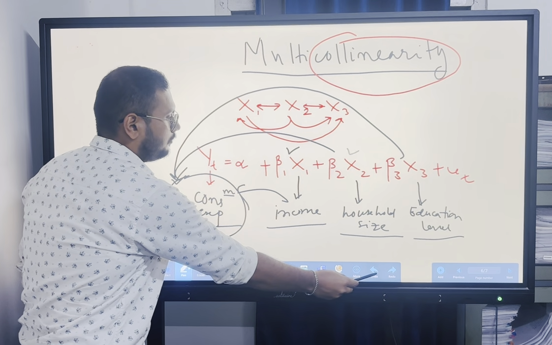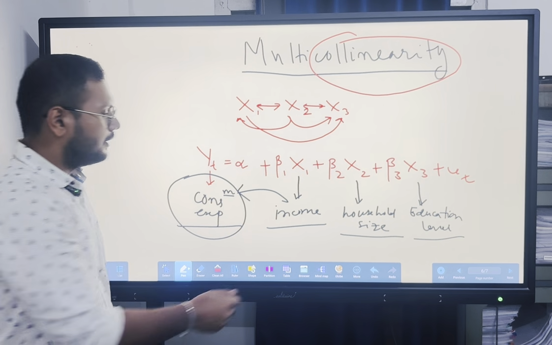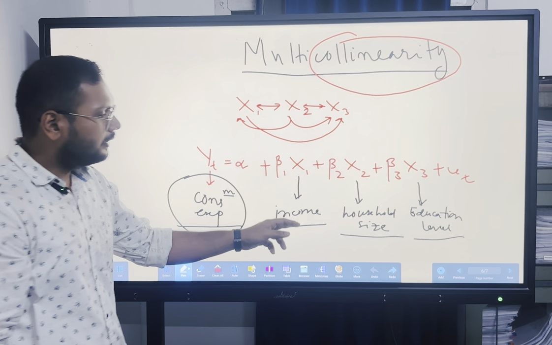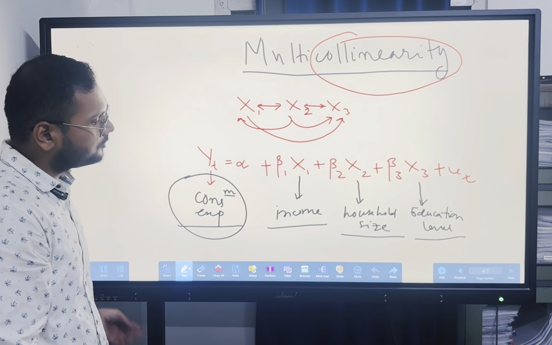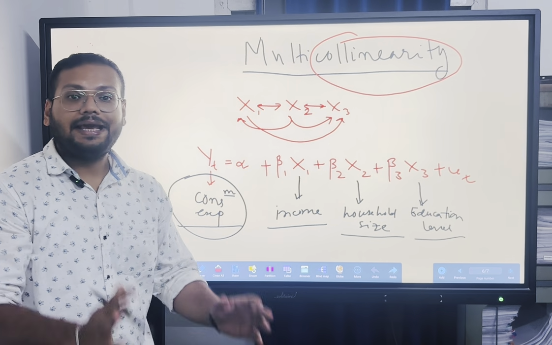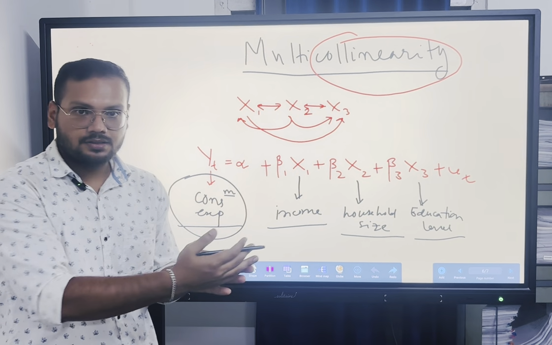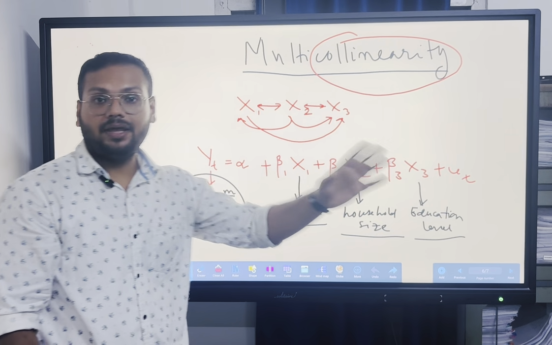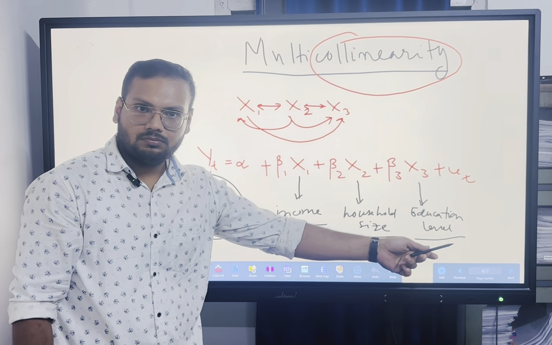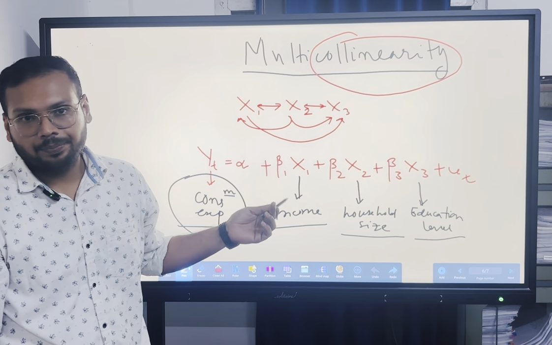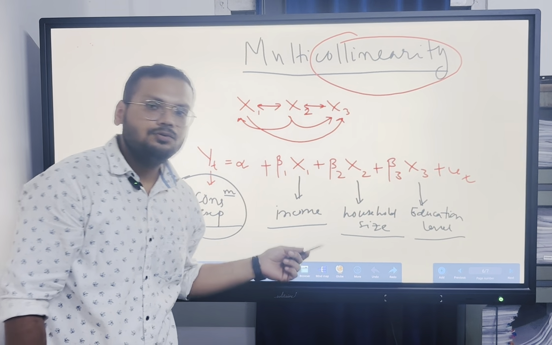Now, okay, so what is interesting here is that income of a person and the household size of a person can be correlated, right? Or say the income level of a person and the education level of a person may be correlated, because see, higher the education, you can say that higher is the income, or you can say higher the household size.